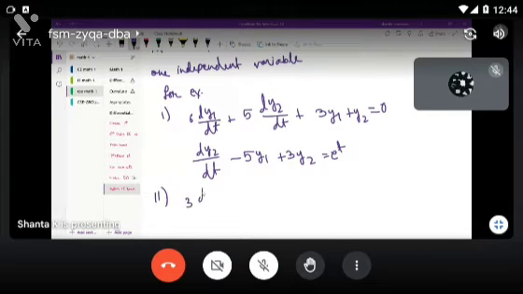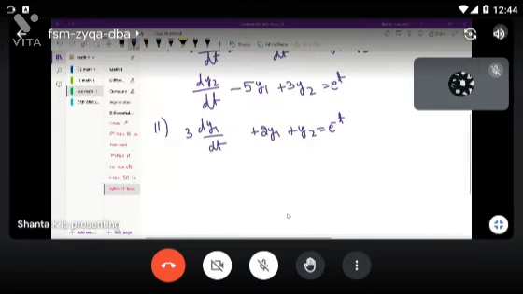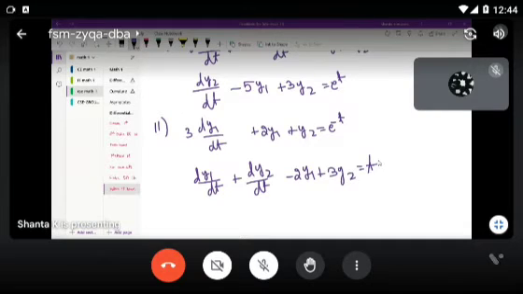So here, 3 dy1 by dt plus dy2 by dt minus 2y1 plus 3y2. You can remember this from when you work with parametric equations too. We have two dependent variables, y1 and y2, and one independent variable.